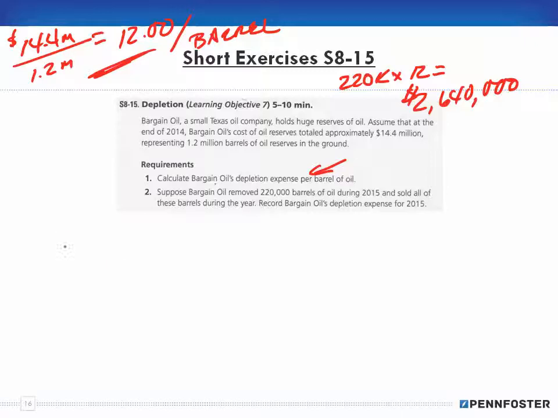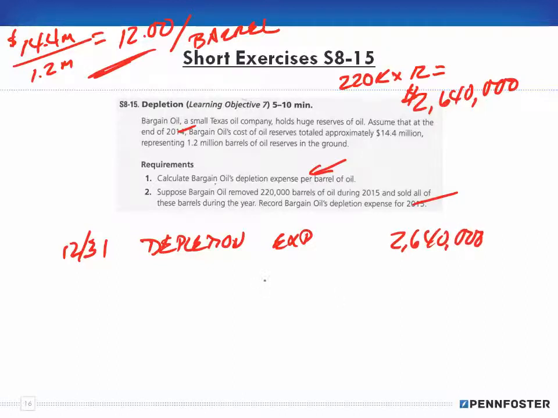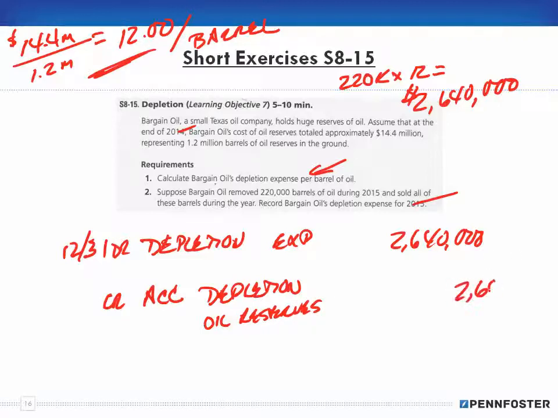So to make the journal entry on 12/31 at the end of, I'm sorry, for 2015, our depletion expense is going to be 2,640,000, that's a debit, and we're going to credit our accumulated depletion for oil reserves, 2,640,000.